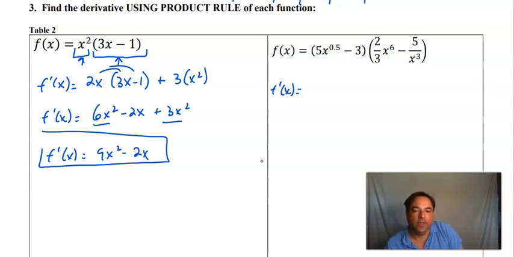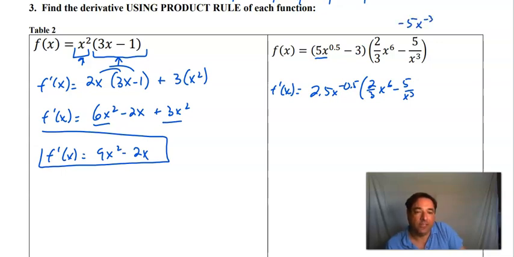The derivative of 5x raised to the 0.5 would be 2.5x to the negative 0.5. The derivative of negative 3 is 0 times the original second, which is 2/3 x to the 6 minus 5 over x to the third, which you may want to rewrite as minus 5x to the negative 3.